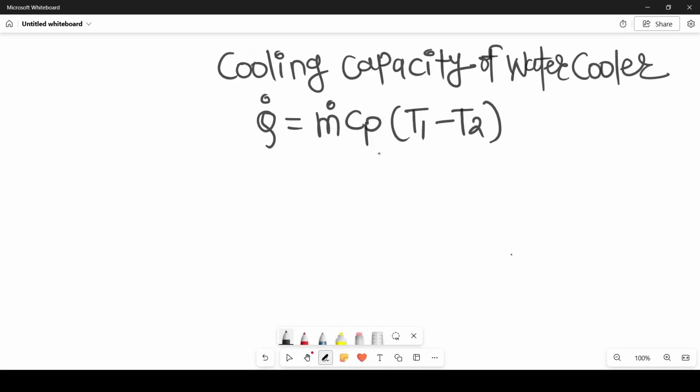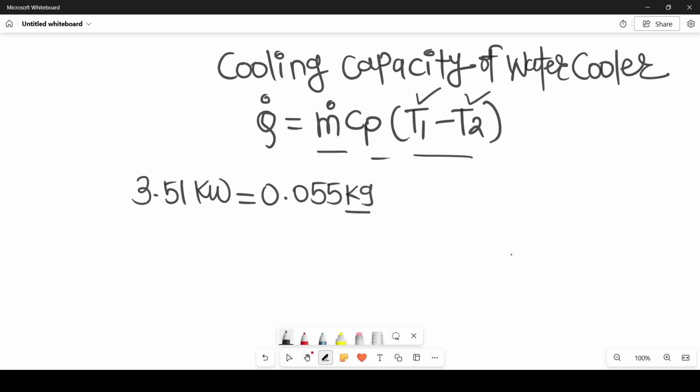So now let us calculate the outlet temperature of water using cooling capacity of the water cooler. So the cooling capacity is equal to m dot Cp delta T, which is higher temperature minus the lower temperature of water. So the cooling capacity is equal to 3.51 kilowatt, that is equal to m dot, which is mass flow rate, which is 0.055 kg per second. Cp is equal to 4.18 kilojoule per kg Kelvin multiplied by the temperature difference.